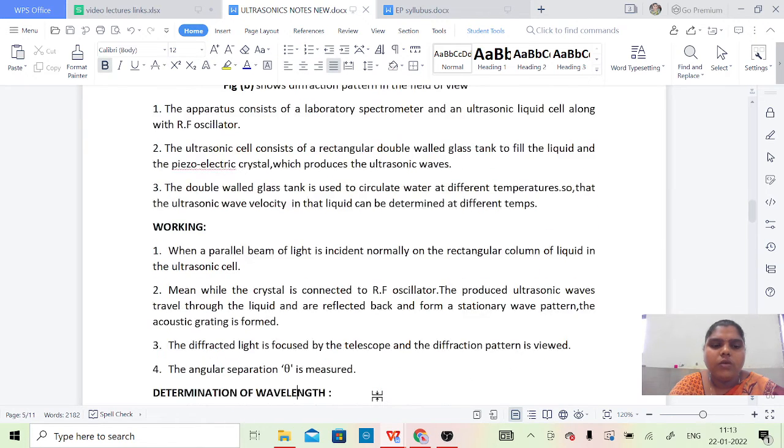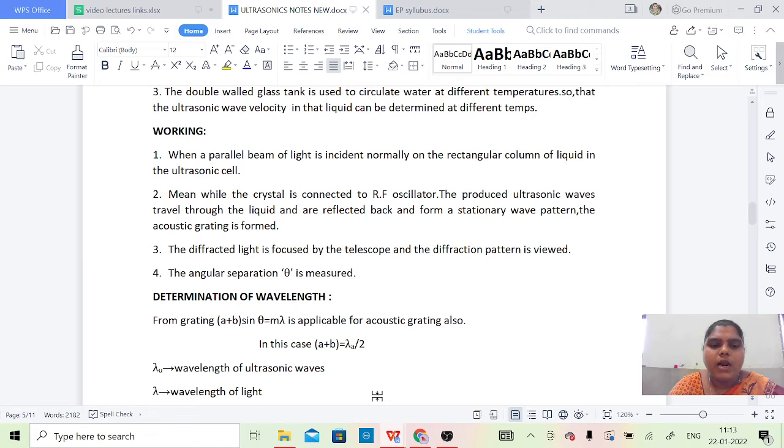Let us see how the working will be. A parallel beam of light is incident normally on the rectangular column of the liquid in the ultrasonic cell, the glass tank. Meanwhile, the crystal is connected to an RF oscillator that produces the ultrasonic waves, which travel through the liquid and are reflected back to form a stationary wave pattern with nodes and antinodes.